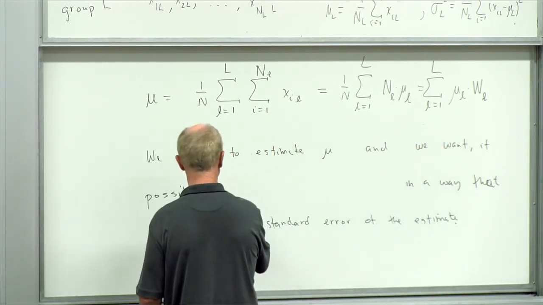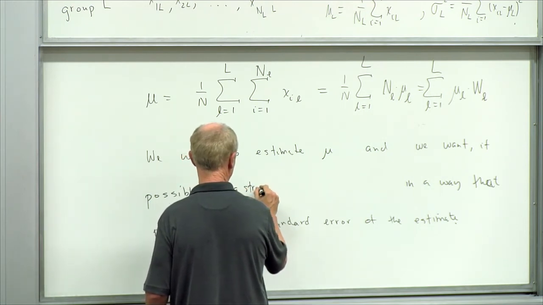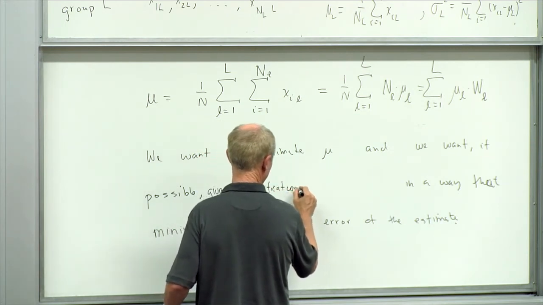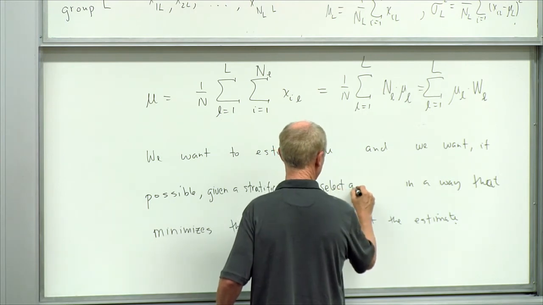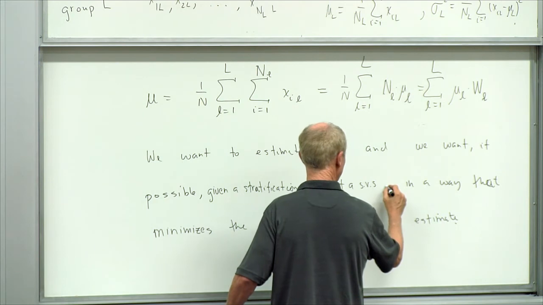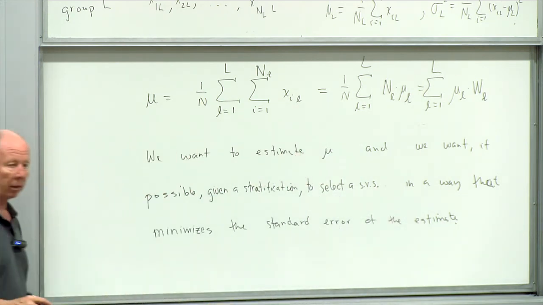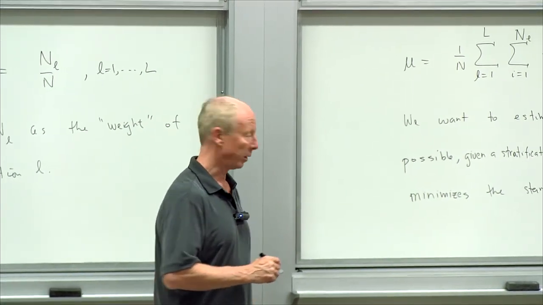What, if possible, given a stratification, to select a random sample, simple random sample, in a way that minimizes standard error of the estimate. Okay, so what we're going to do is sample each strata independently.